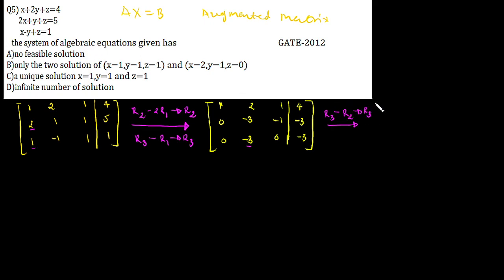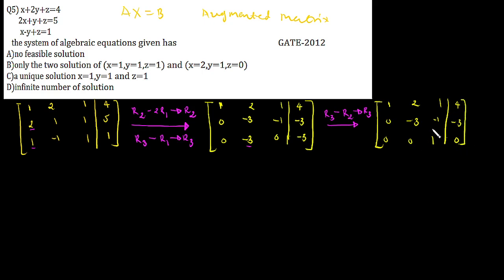After that, let's put it here: 1 2 1, here 4. The second row will also remain as it is because we are working on the third row. Now the third row will be 0 0, here we have to multiply by -1 so it will be plus 1, and here again -3 and plus 3 will make 0.